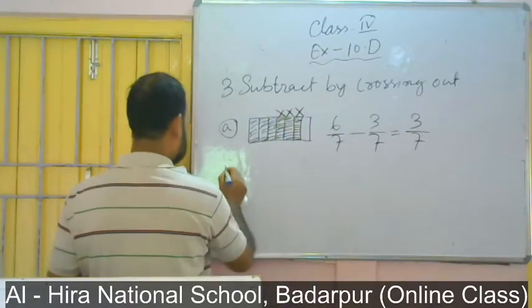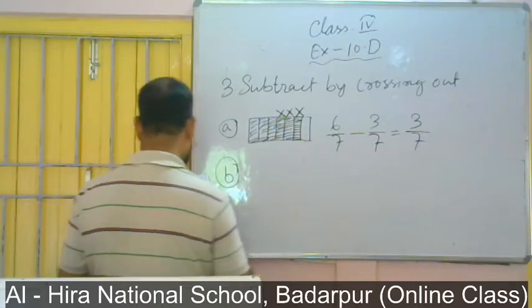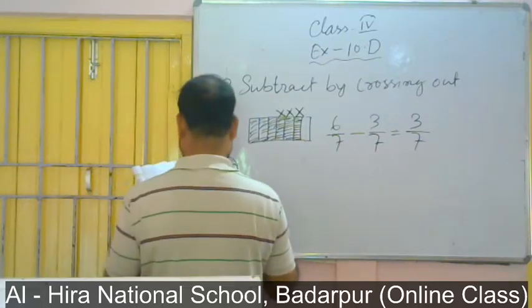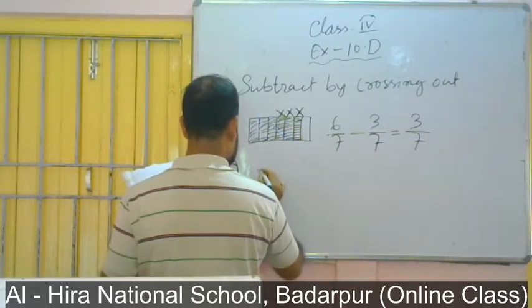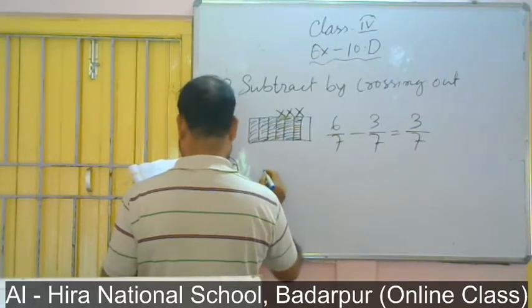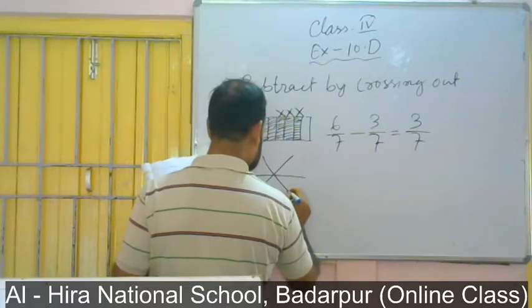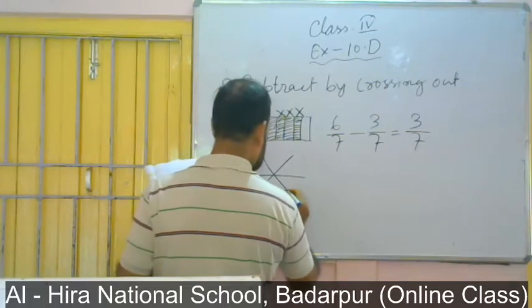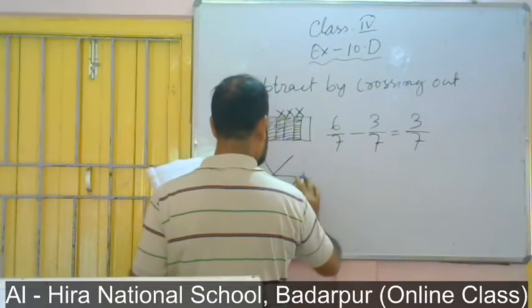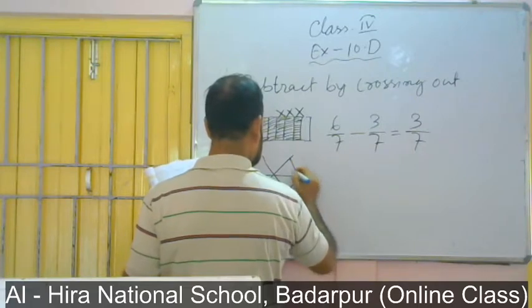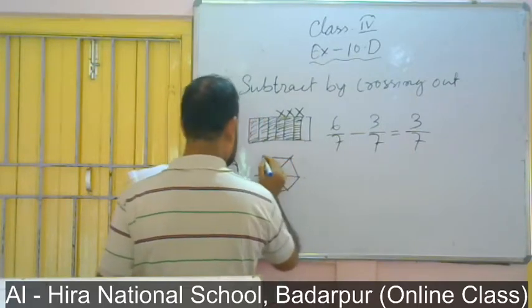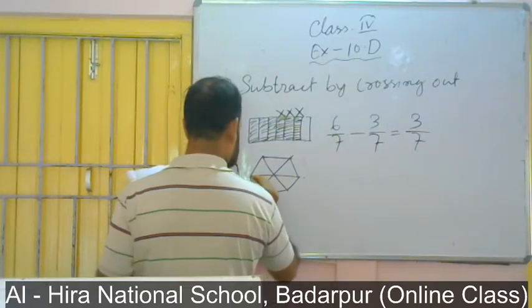Next, question number B. 6 by 6. 1, 2, 3, 4, 5, 6.